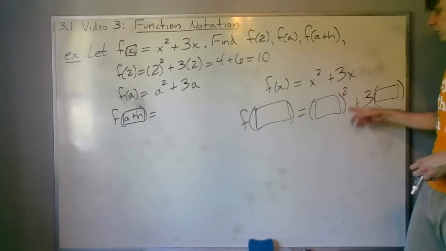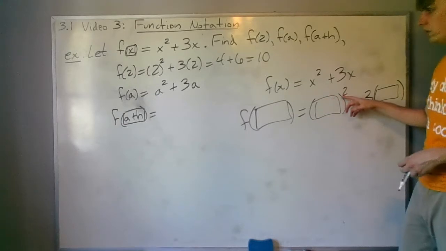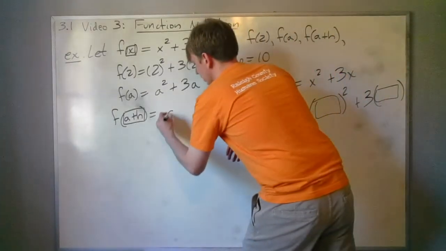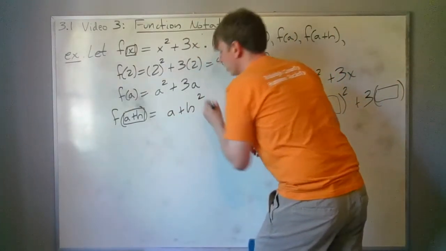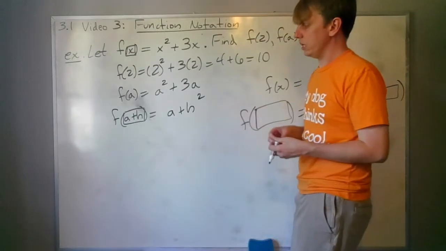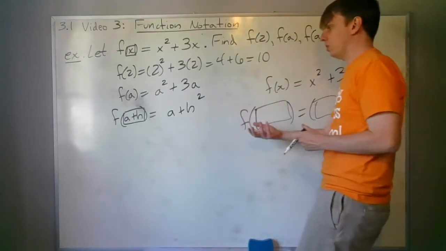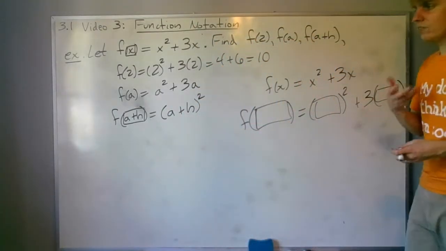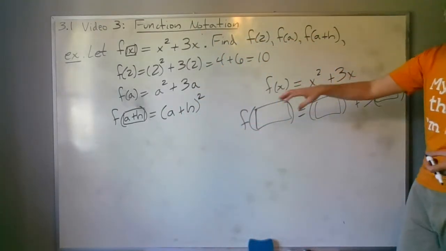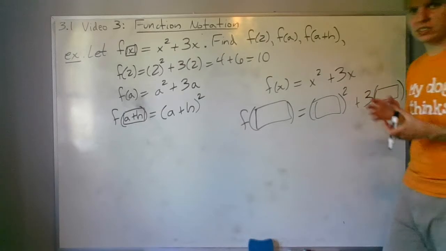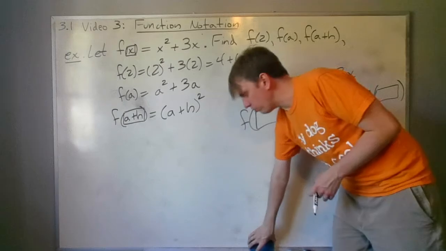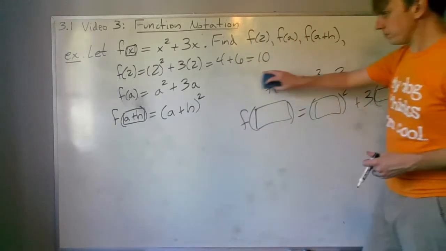And keep in mind, I also need to put parentheses because I don't want to just square the h, I want to square the whole thing. I don't want to say a plus h squared because that looks like I'm only squaring the h. I want to take the whole number and square it. Same thing as when I plug negative numbers into a formula. If I plug a sum into a formula, I also want to make sure I stick it in parentheses so I square the entire number or flip the sign of the entire number.